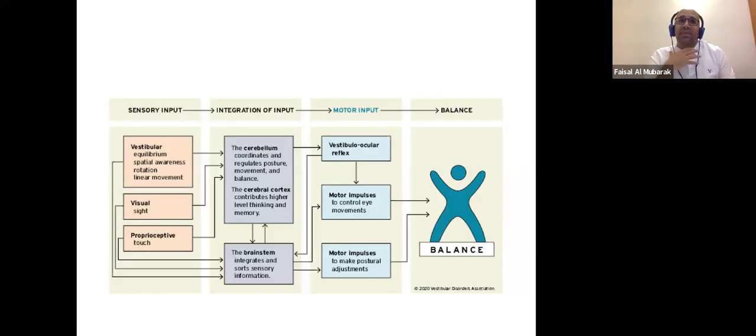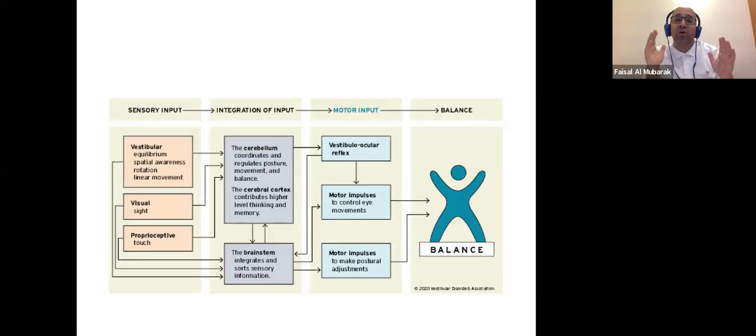Now the human body has receptors. Any information coming from outside the body is received by the body in different ways. Here we're talking about vision, the vestibular system, and somatosensory sensation, proprioception.